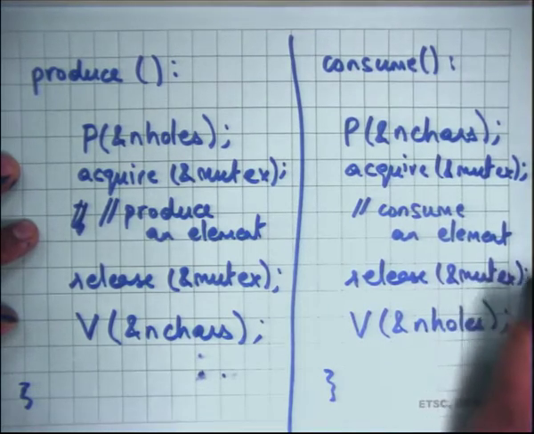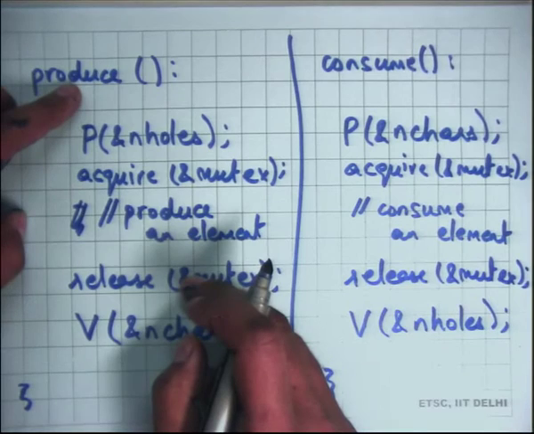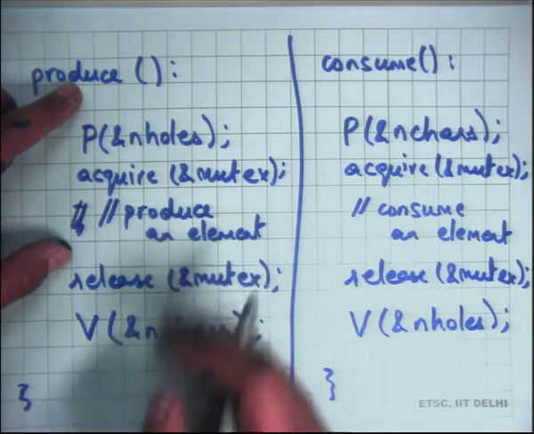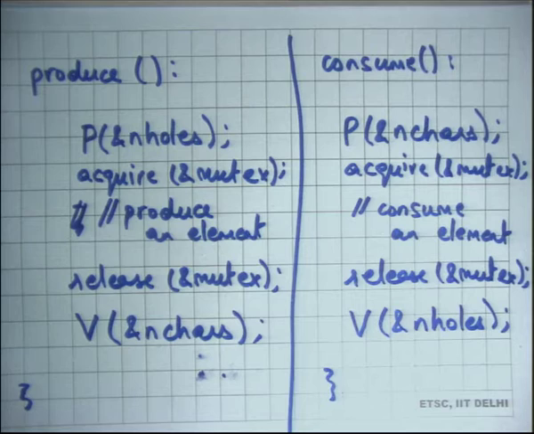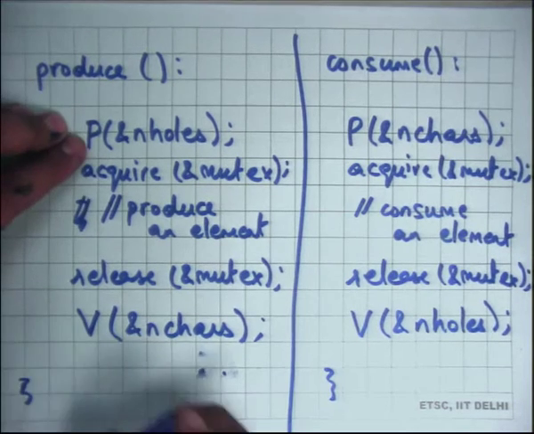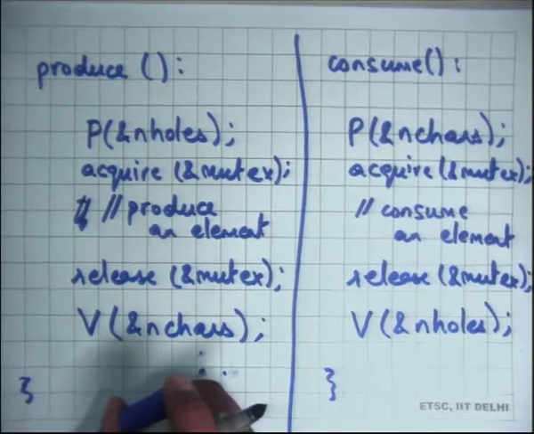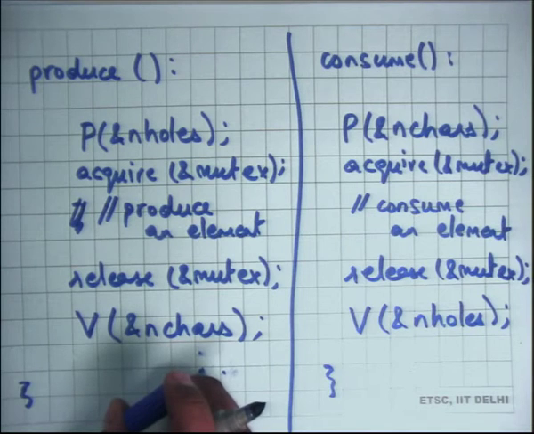So the question is, shouldn't acquire be before P and release after V? What do you think? No. So firstly, we said that P itself is atomic, so it doesn't need to be protected by a mutex, right?